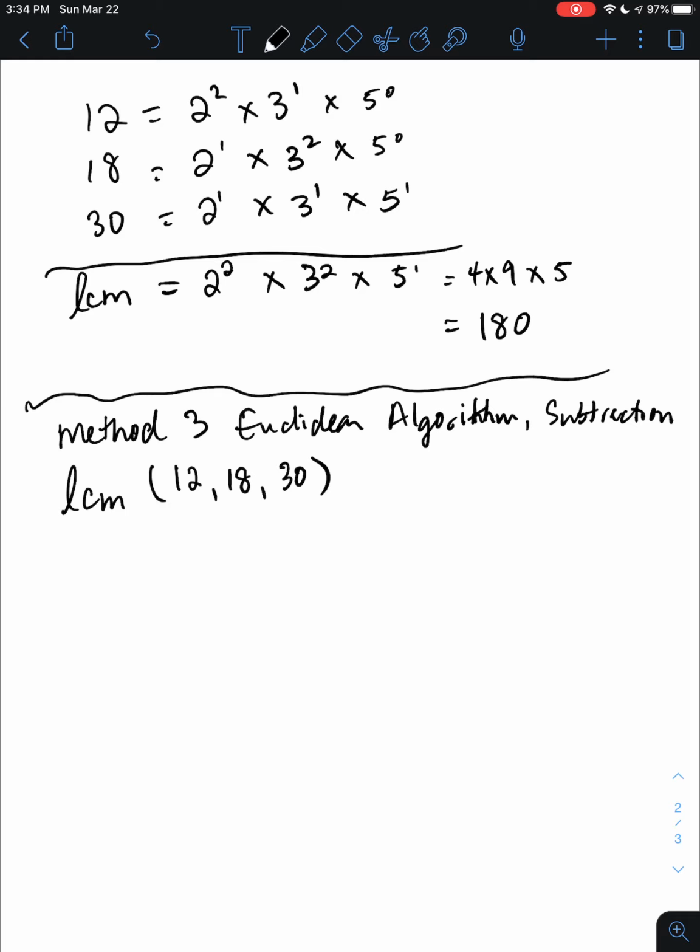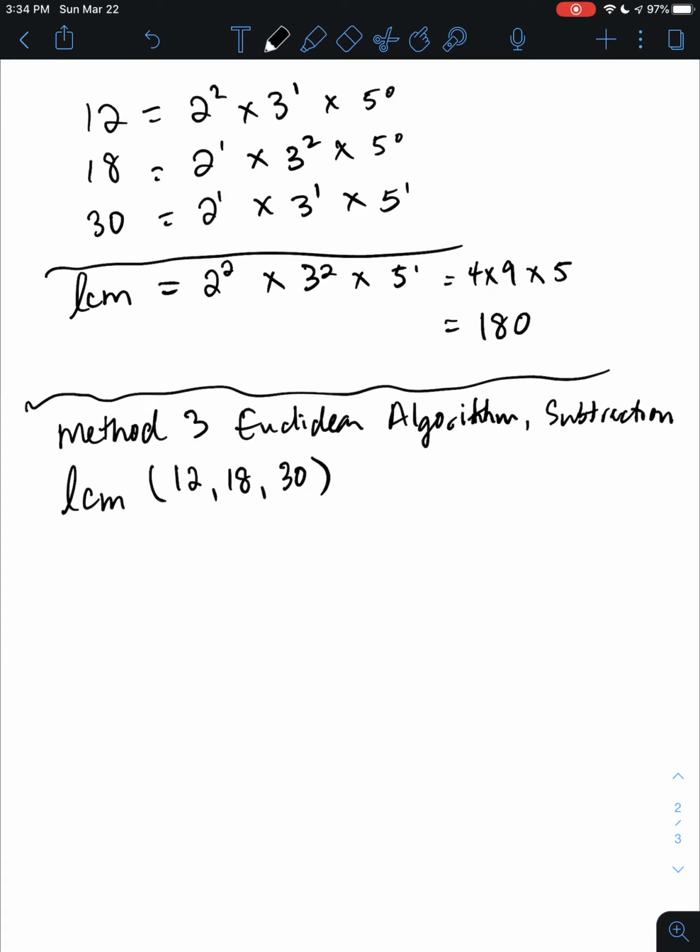If you look back at the LCM for 2 numbers, there's a very nice formula that makes sense and is easy for us to explain. But the formula for the LCM of 3 numbers is rather more complicated, so I'm just going to avoid that.